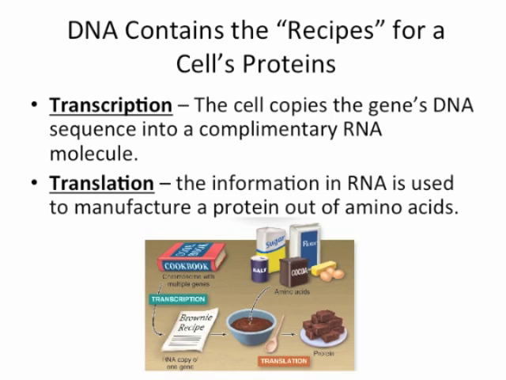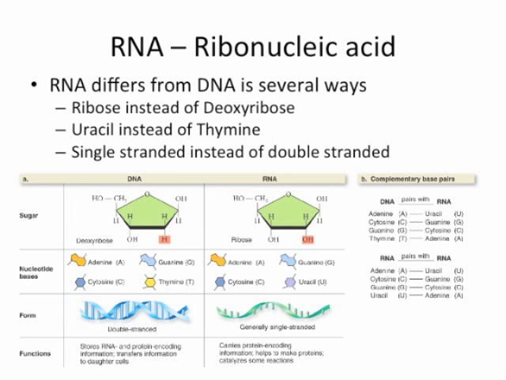All right. So before we get into some of the details of transcription, we're going to talk a little bit about what RNA is and how it is different than DNA. The main difference that we covered several chapters ago between RNA and DNA is the sugar.